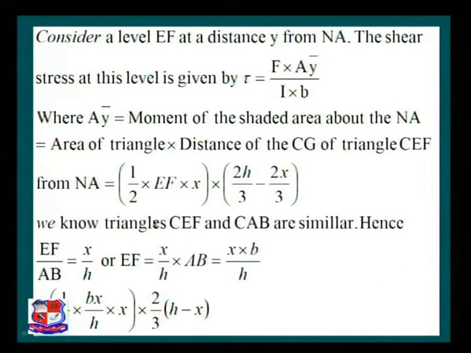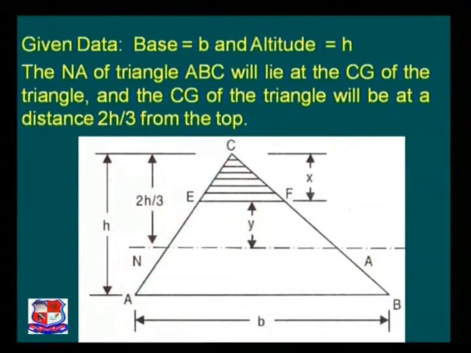Now consider a level EF at a distance y from the neutral axis. The shear stress at this level is given by F A y bar by I B. So please refer to the figure. Intention is to find out the variation of the shear stress along a section of a triangle.